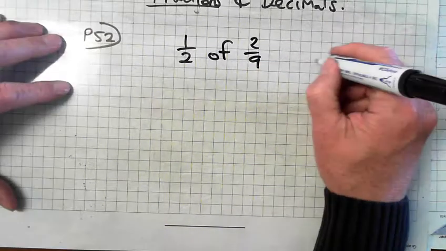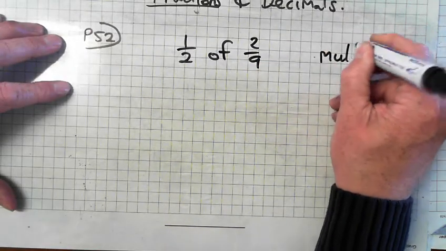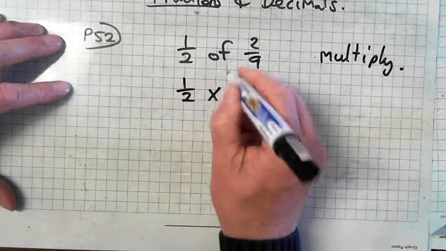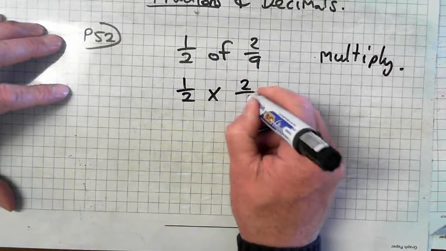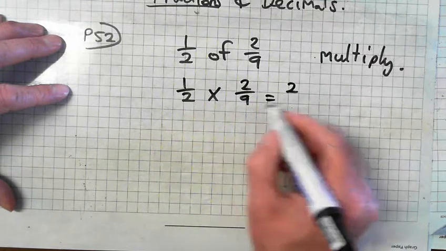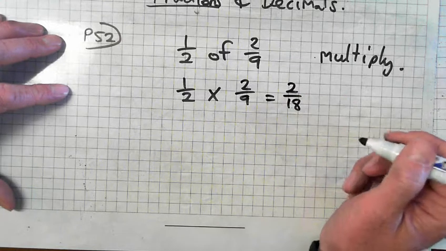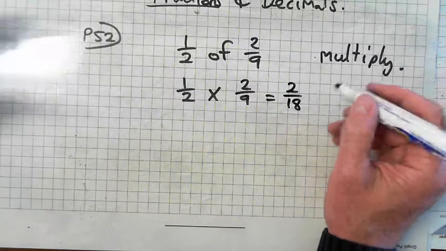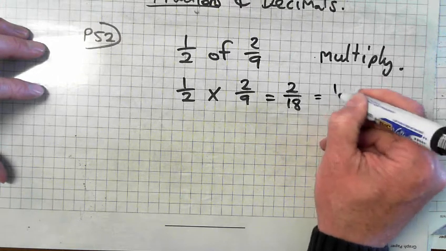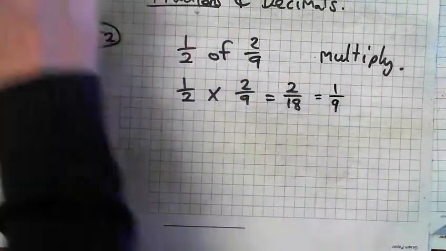Multiply. Of means multiply. Okay, so basically we change the "of" to a multiply sign. And then we go 1 times 2 is 2. 2 times 9 is 18. Now we need to simplify. What will divide above and below? 2. 1 over 9.